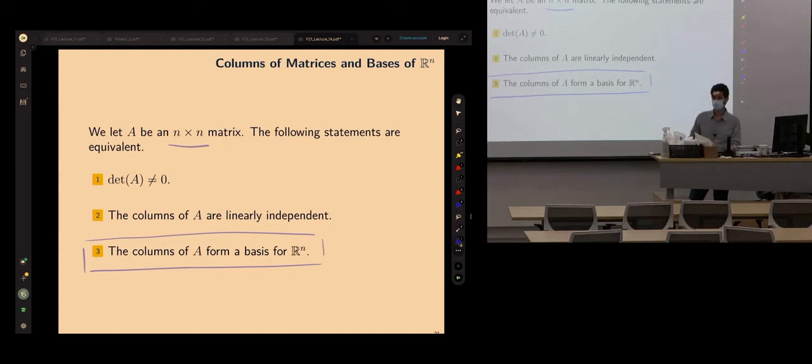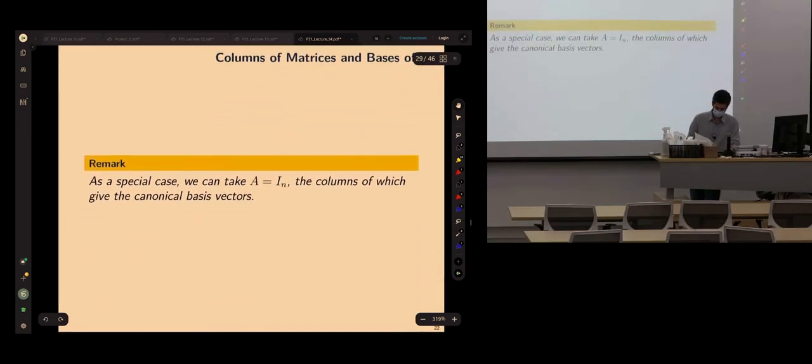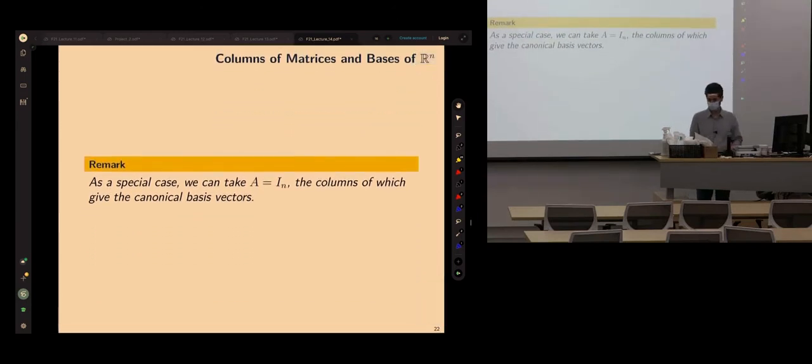This is not always possible, because the columns of the matrix must span the entire space for you to do that. So a special case is when your n by n matrix is the identity matrix.